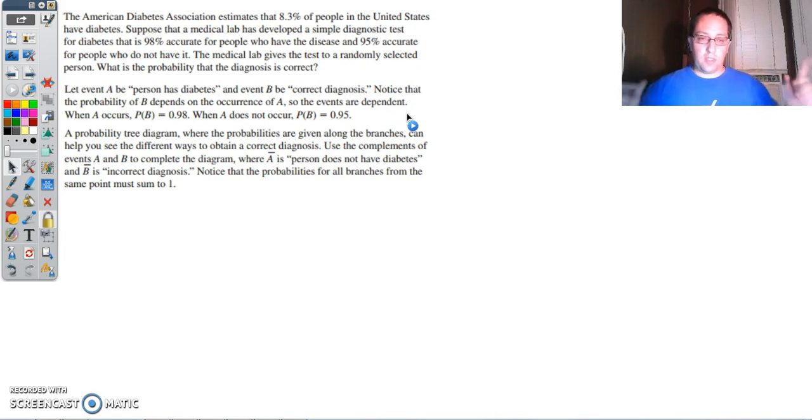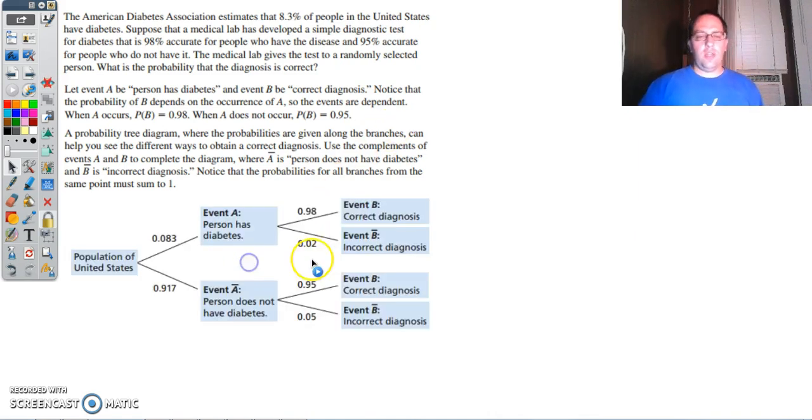Two different things. It has to be both. All right, and we're going to use a little tree diagram to show this. Okay, so population of the United States, we have 8.3% that have diabetes. Well, if 8.3% have diabetes, then it's 100% minus that, or 1 minus 0.083 is 0.917 that do not have diabetes.